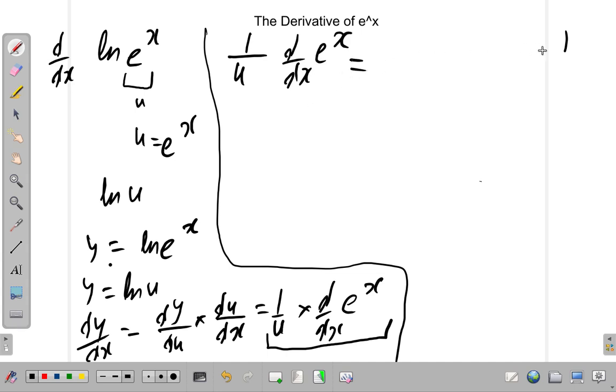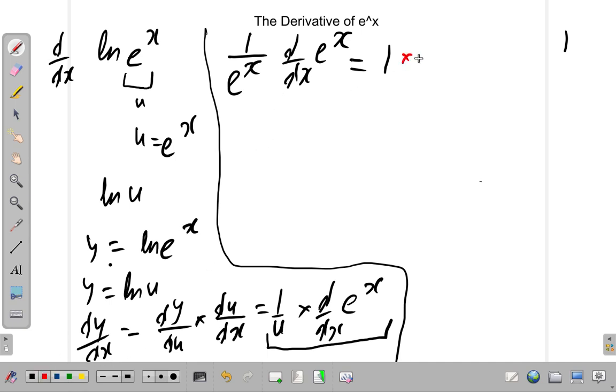And we found earlier that it was equal to 1. What is u again? U is e to the x. So this is 1 over e to the x. Alright. Suppose we multiply both sides by e to the x.